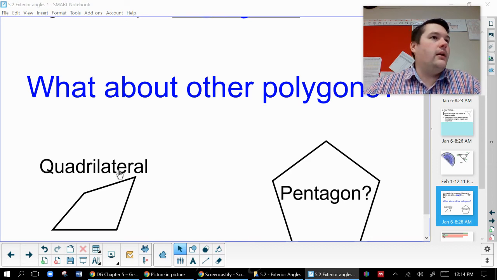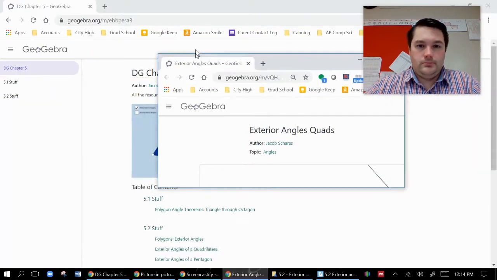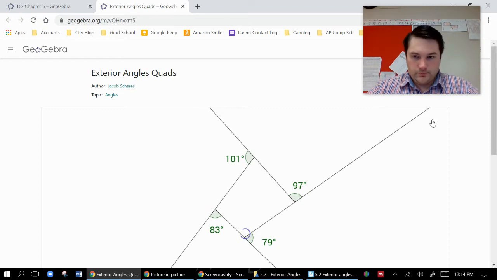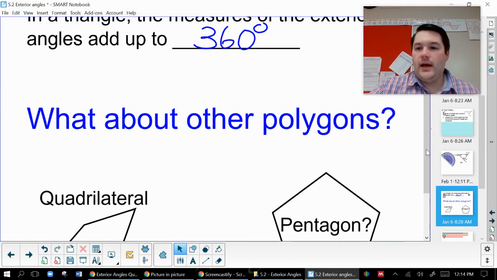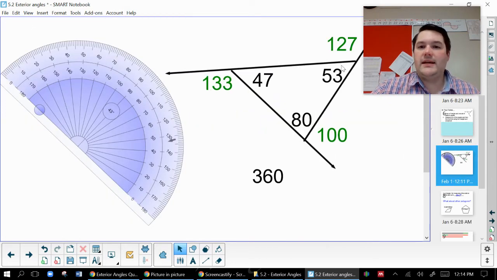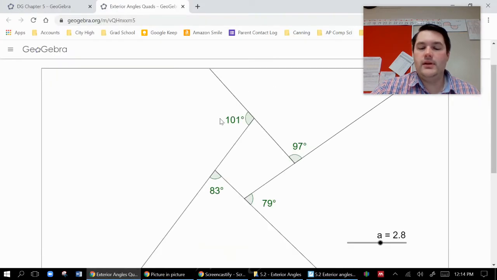So here I've got a quadrilateral. Bring this in here. Got a quadrilateral. I've got all the angles. And if I add them up, you're going to notice they're still 360 degrees. But even more importantly, what I want you to look at is the sizes of these compared to the sizes of these.